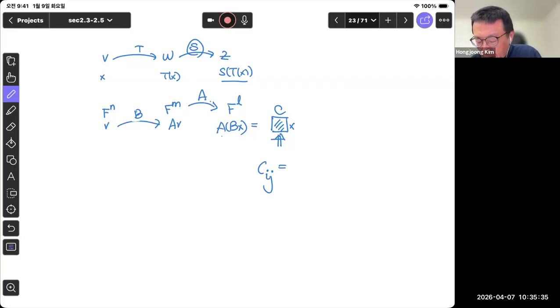So A's ith row, kth column entry times B's kth row, jth column entry, and then you sum over k from 1, 2, up to L, where A is an M by L matrix.